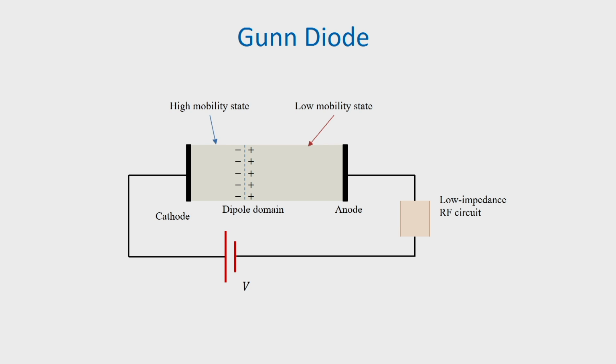So, this mechanism of formation of dipole domain and its movement to the anode is self repeating.